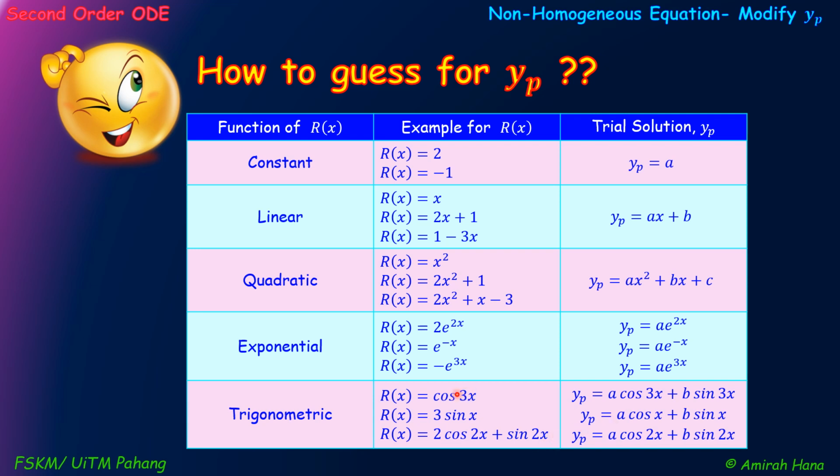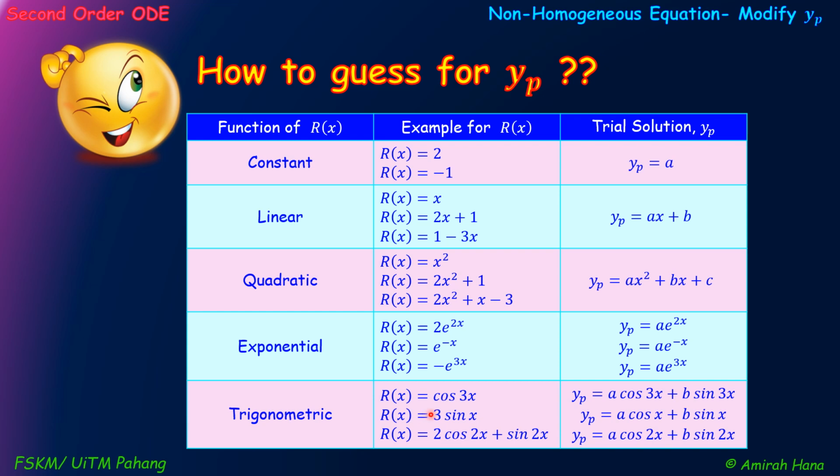If we have cos only, our YP must be a combination between cos and sine. We must follow the given angle. If we have cos 3x, we must write cos 3x and sine 3x. In between must be plus, in front of cos must be constant A, and in front of sine must be constant B.